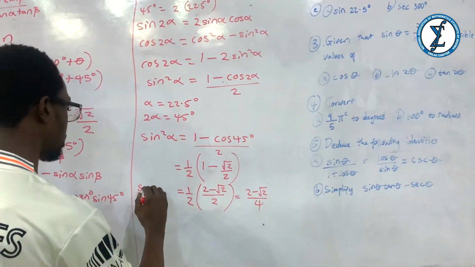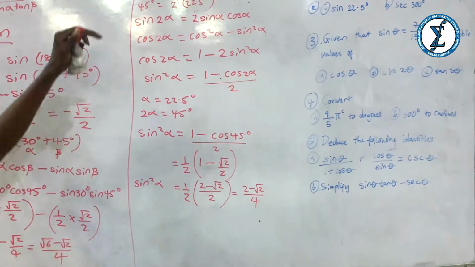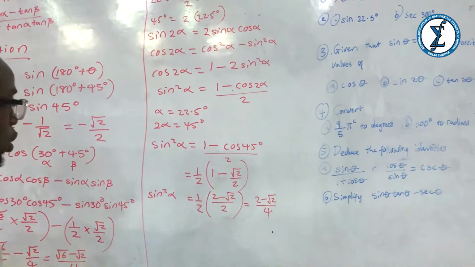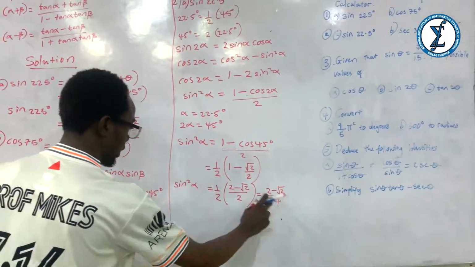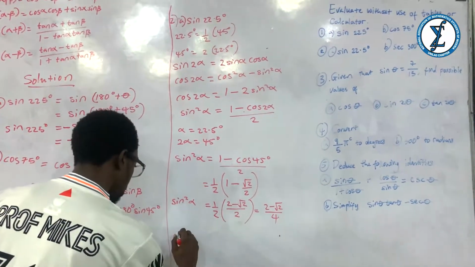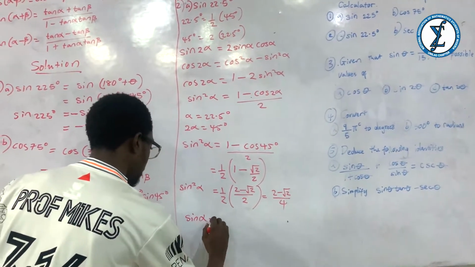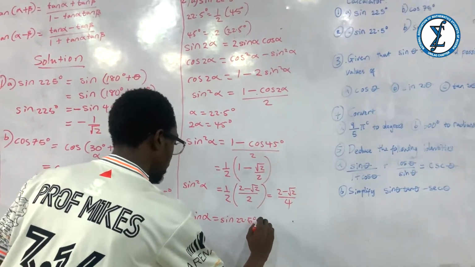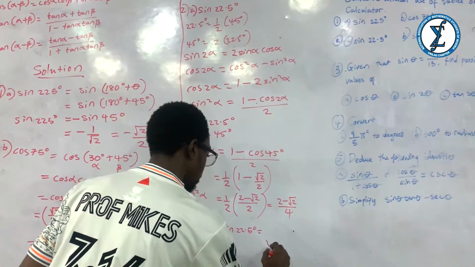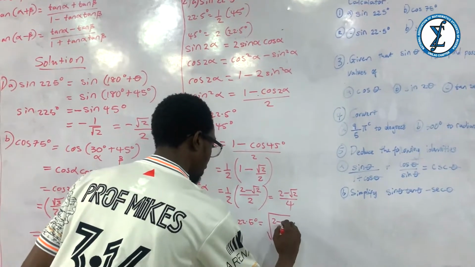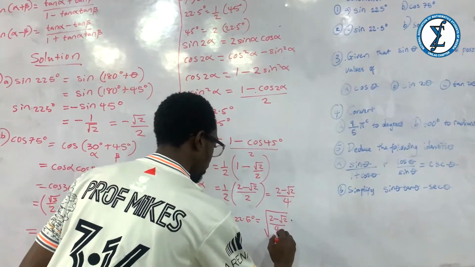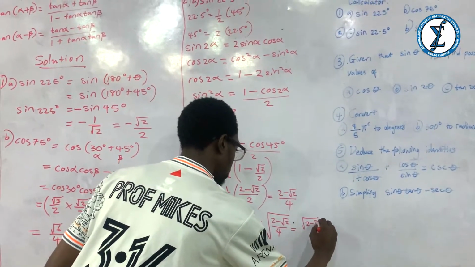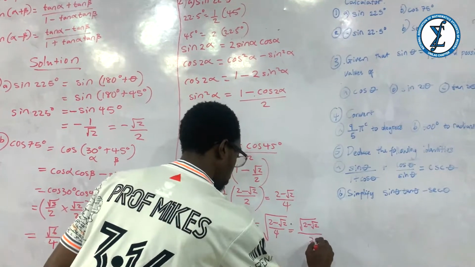But recall that this is just sine squared alpha, and we need sine alpha, which is sine 22.5. So we'll take roots of both sides, and so sine alpha, which I should write as sine 22.5, is equal to the square root of 2 minus root 2 over 4, which will give us the square root of 2 minus root 2 all over 2.